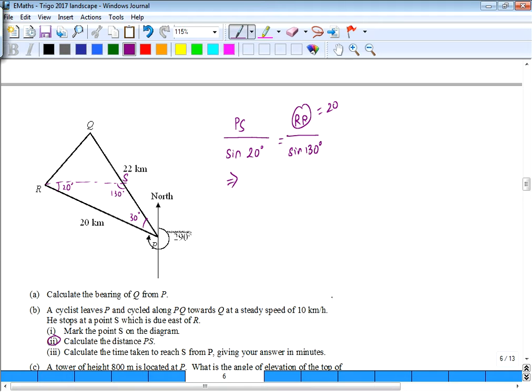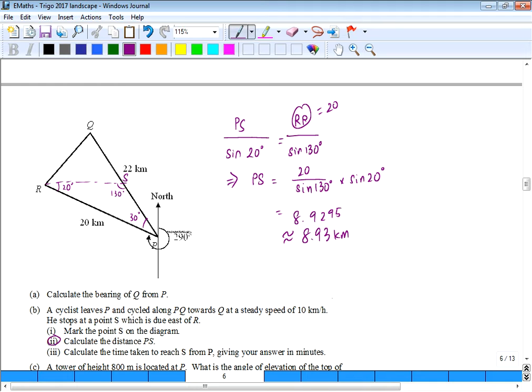Therefore, PS is equals to 20 over sine 130 degrees times sine 20 degrees. You get 8.92. Okay?